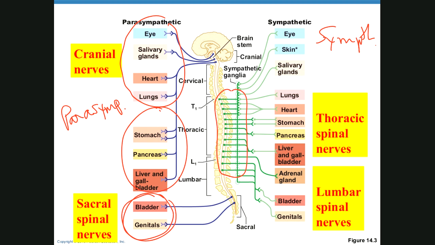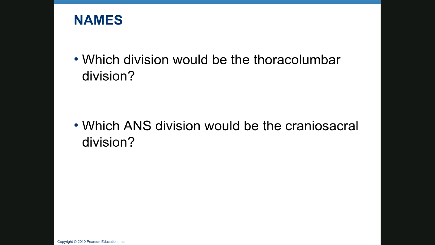Structurally speaking, the parasympathetic division is called the craniosacral division, and the sympathetic is called the thoracolumbar division, by describing what set of nerves are found in each of these two divisions of the PNS. So the thoracolumbar division will be sympathetic.